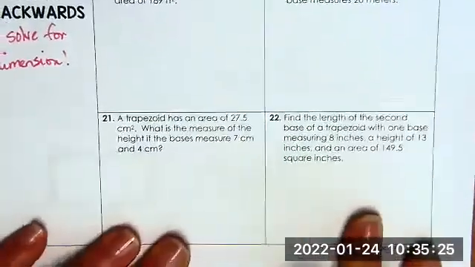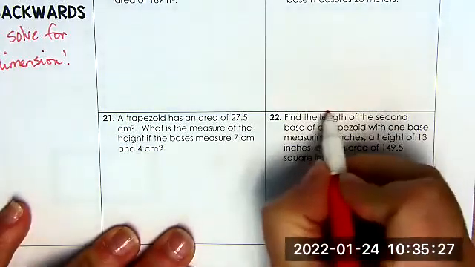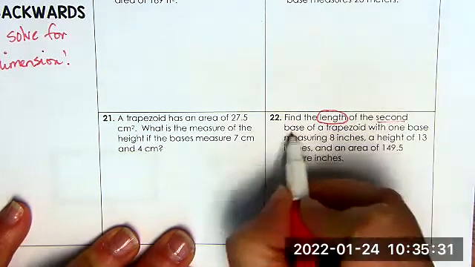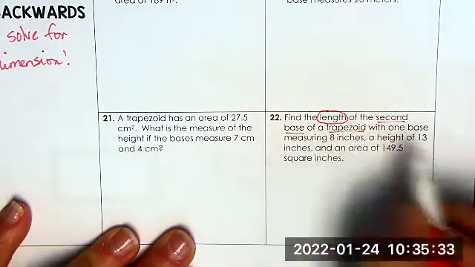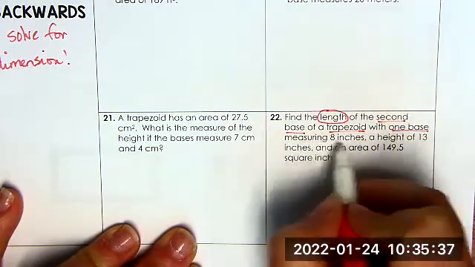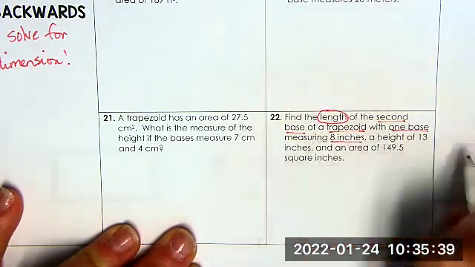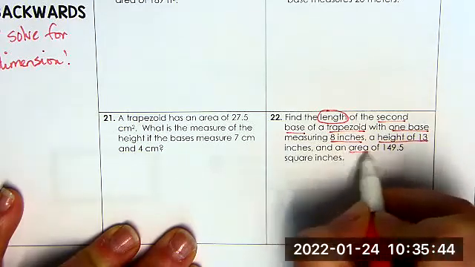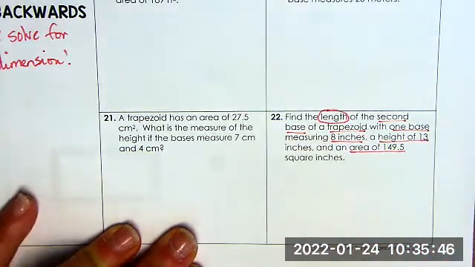Okay? So we want to find the length of the second base of a trapezoid. With one base measuring 8 inches, a height of 13, and an area of 149.5.